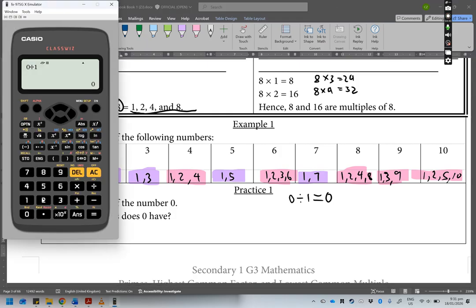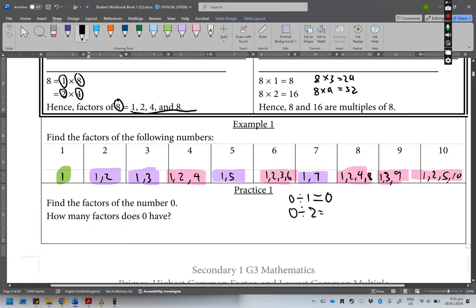And when do we get math error? It is when we take a number divided by 0, then you will get math error. Similarly, 0 divided by 2, 0 divided by 3, they are all 0. So how many factors does 0 have? In theory, it is an infinite number of factors.